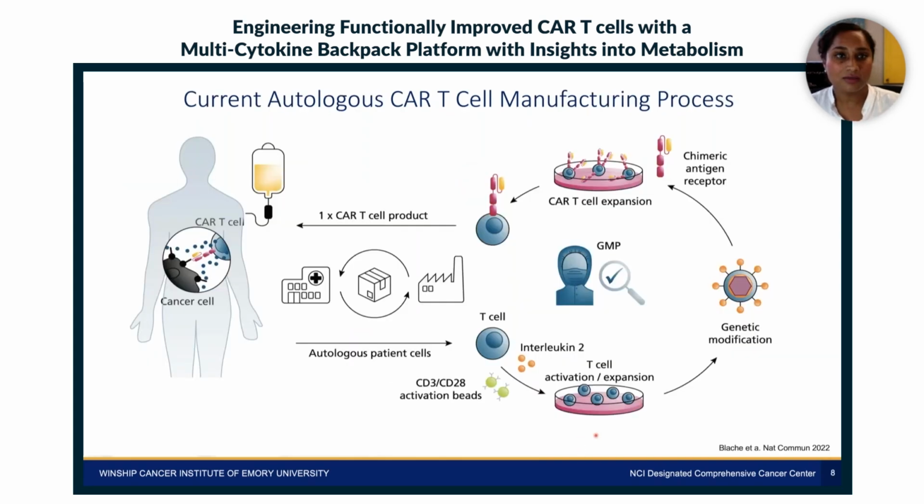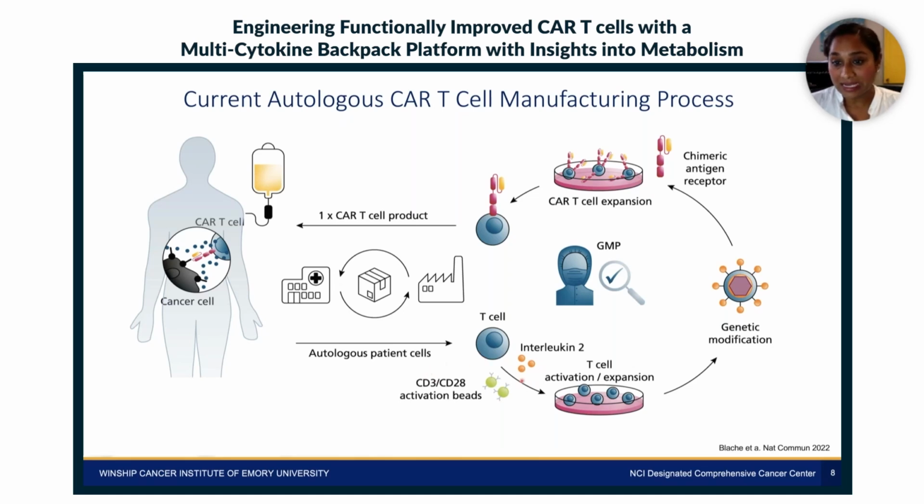So with that, let's talk a little bit about how autologous CAR T cells are currently manufactured. For the majority of these products, a patient comes into a clinic and gets their blood drawn. These cells are then sent to a manufacturing facility where the T cells are isolated and activated with either CD3/CD28 beads or CD3 antibody.